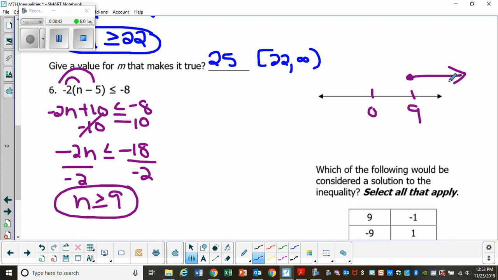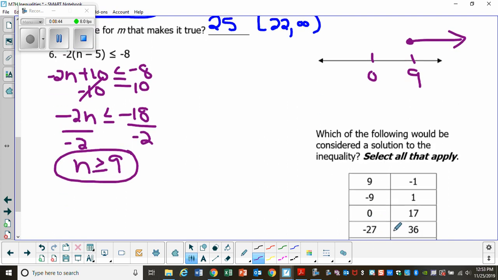So which of the following would be considered a solution to the inequality? Select all that apply. We're going to pick 9 here because it's greater than or equal to. We're going to pick 17, and we're going to pick 36 because it's greater than or equal to. So these numbers would all be in this area, which is not shaded.